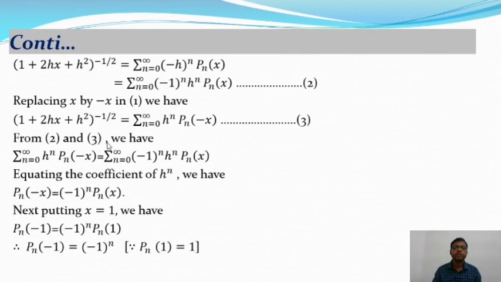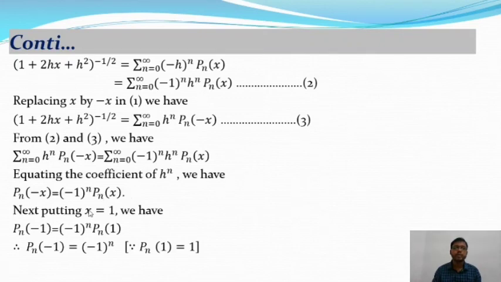So from equations 2 and 3, we have the summation of h^n Pn(-x) equal to the summation of (-1)^n h^n Pn(x). Now equating the coefficient of h^n on both sides, we get Pn(-x) is equal to (-1)^n Pn(x). Hence the proof of the second part of the given problem.